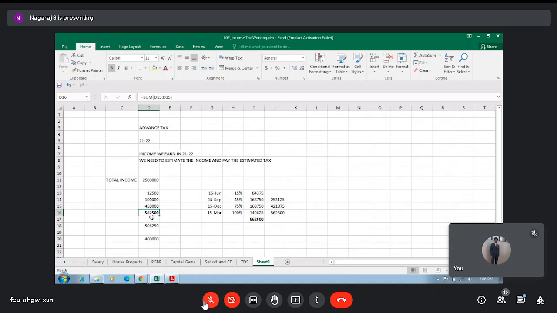If it is less than 90% of the assessed tax, interest applies. Assessed tax means whatever the assessing officer has assessed. Whatever you assess is self-assessment tax. Both could be different.